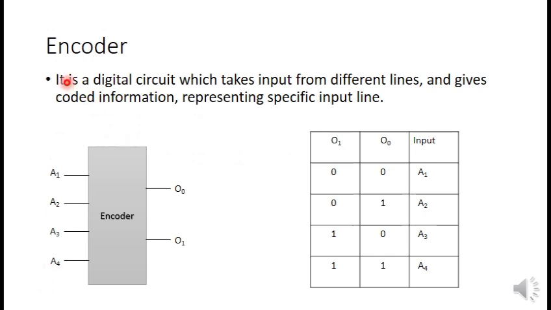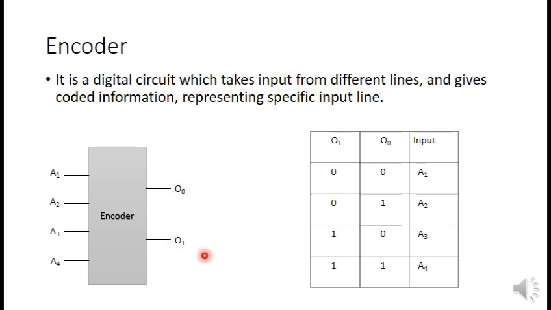First, see its definition. It is a digital circuit which takes input from different lines and gives coded information representing a specific input line. To understand, let's take a simple encoder with 4 input lines and 2 output lines.